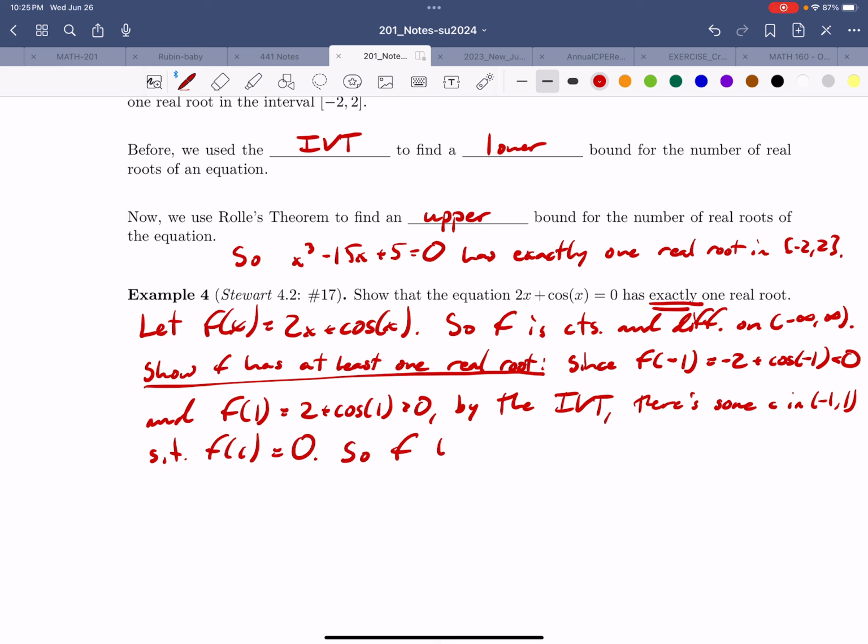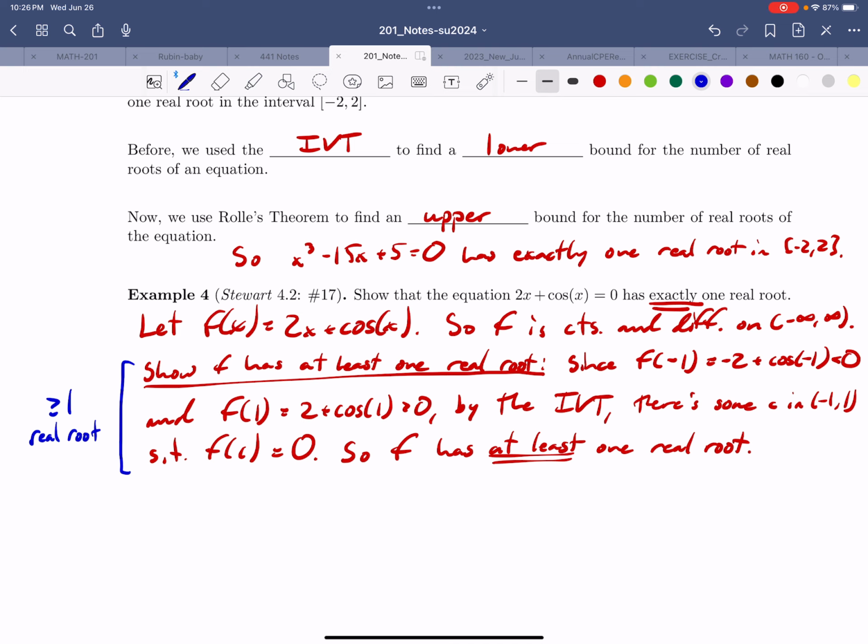So f has at least one real root, right? This is intermediate value theorem stuff, way back in section 2.5. Okay, let me just point this out: this is at least one real root, right?